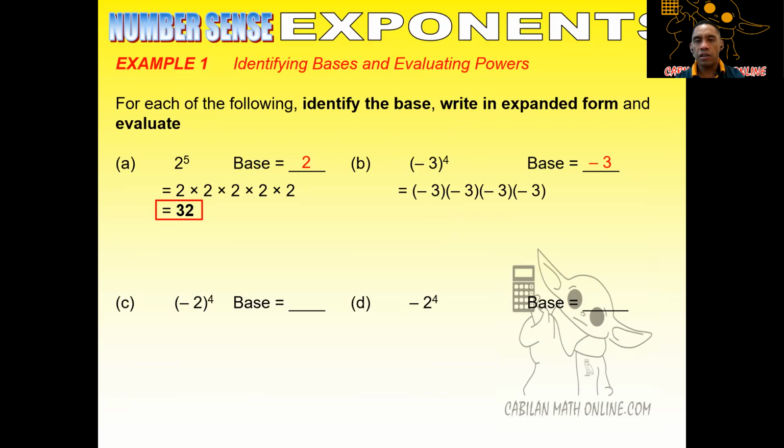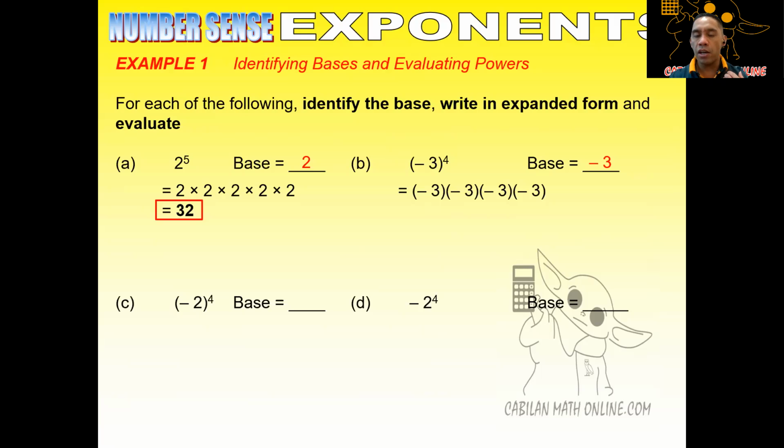Now, just a little bit of a heads up when it comes to exponents and negative bases or negative numbers within a set of brackets. Anytime you have an even number as an exponent and you have a negative as a base, your resulting answer will always be positive. Okay, so if you, for example, have any even exponent, 2, 4, 6, 8, etc., and what you have there is a negative number inside the bracket, your resulting answer will be positive.